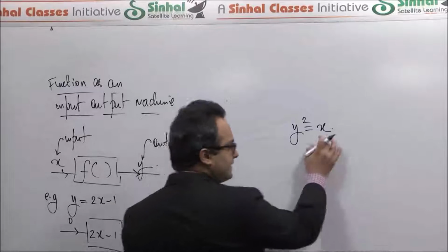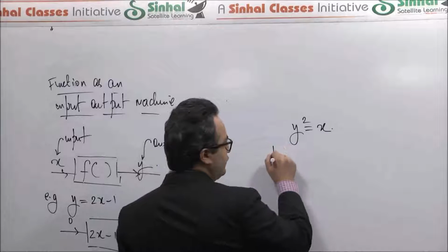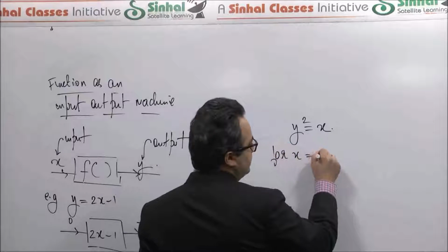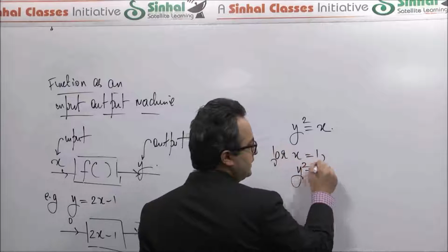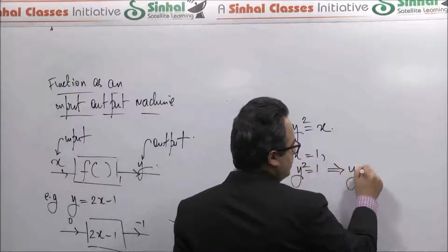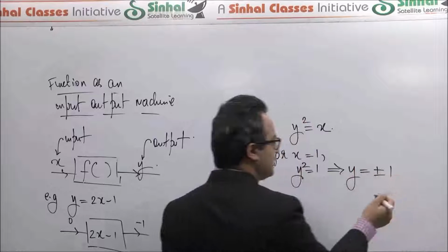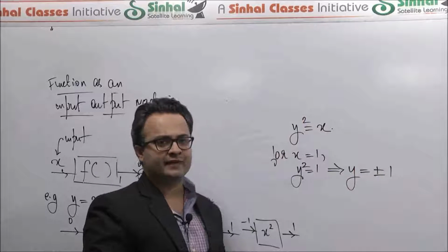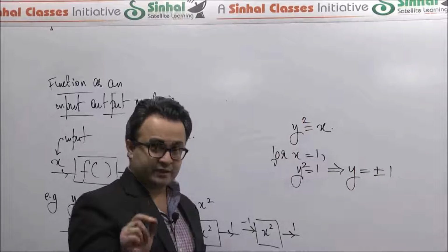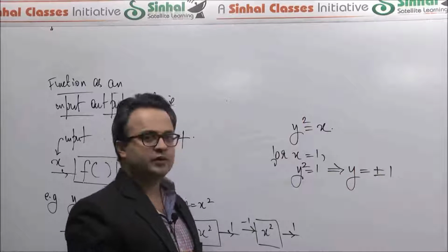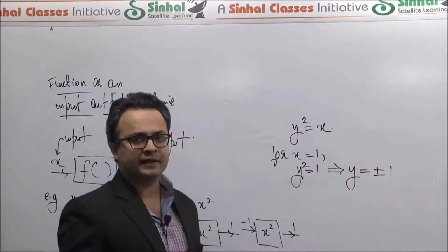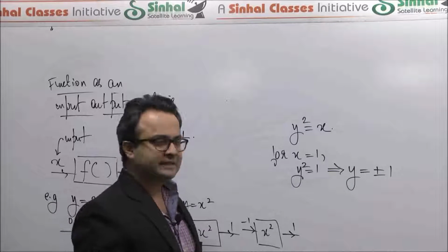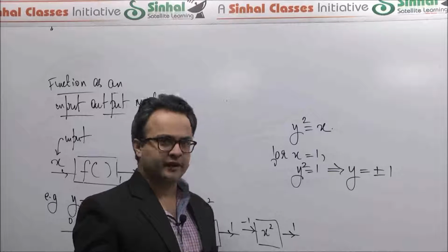So if I take x as the independent variable, for x equal to 1, I'll get y square is 1, which gives me that y could be plus or minus 1. So that basic rule is getting violated. For x equal to 1, you're getting two possible values of the output. So something like that is not allowed in the definition of a function.